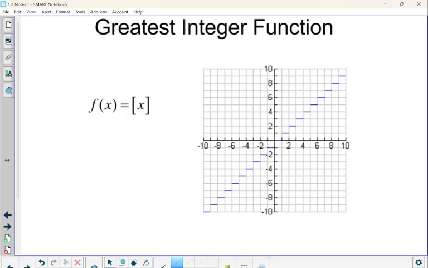Greatest integer function. So this graph is a little misleading. You would need more than just these little horizontal lines to get full credit. Okay? There is a solid dot on the left side, a horizontal line, and then an open circle on the right. And that's for every single one of these lines. Now, you don't have to draw them all on your quiz.